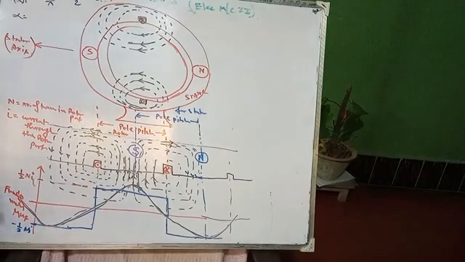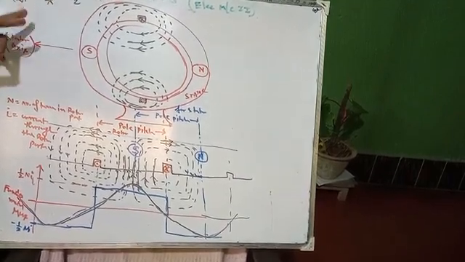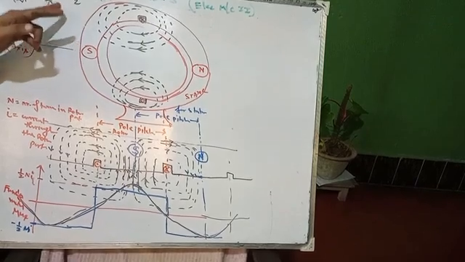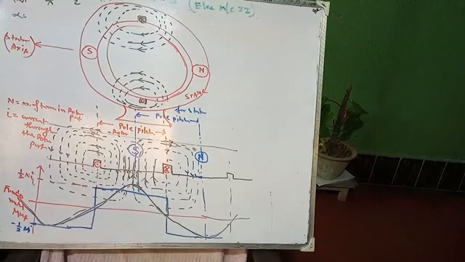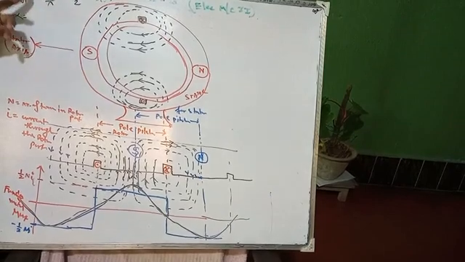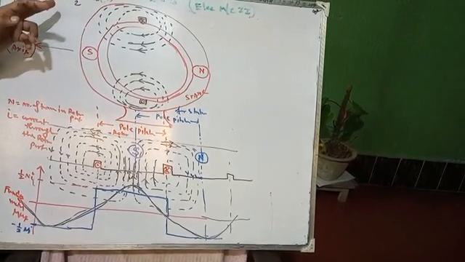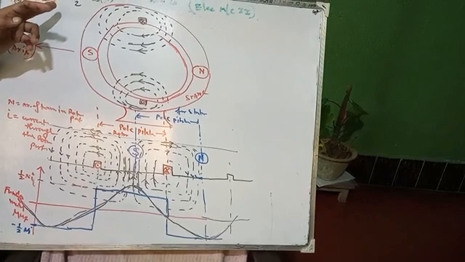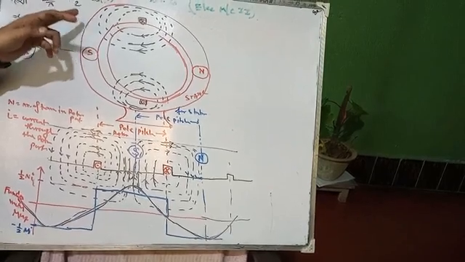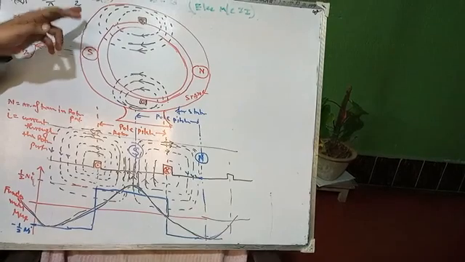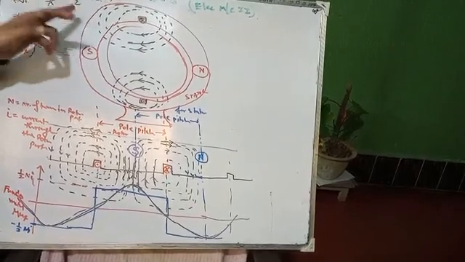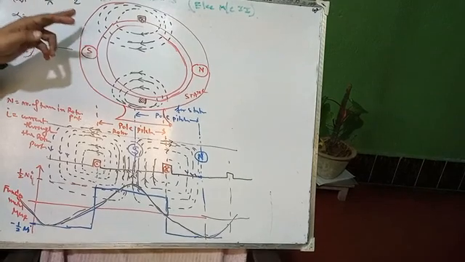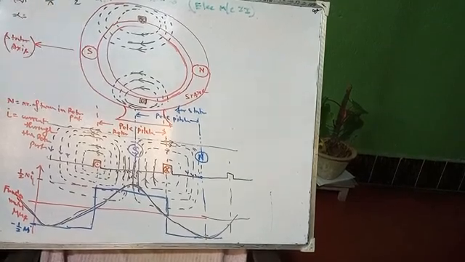So write alpha equals the electrical space angle measured from the magnetic axis of the stator coil. So what is alpha? Alpha is the electrical space angle measured from the magnetic axis of the stator coil.